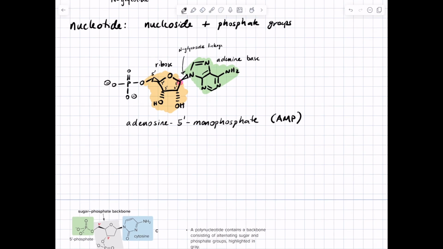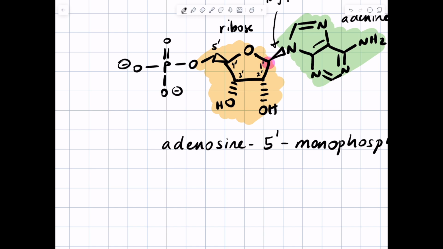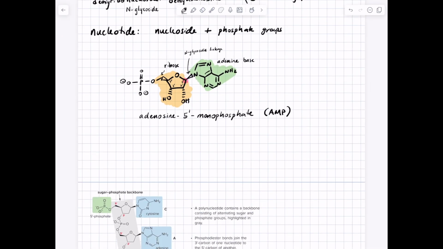The first phosphate group is sometimes given the Greek letter alpha, and if we add additional phosphate groups, they can be given the Greek letters beta and gamma. All right, so this would be adenosine monophosphate, and that is an example of a nucleotide.